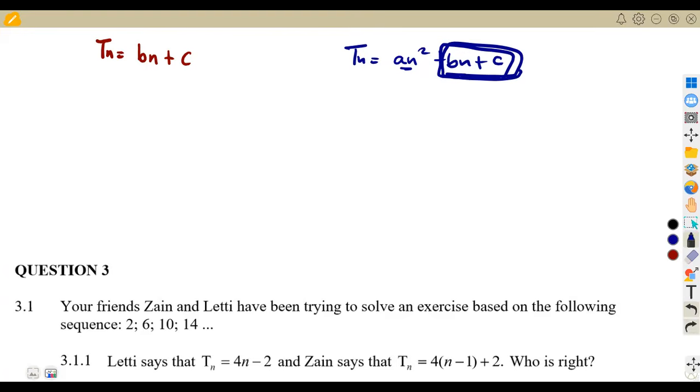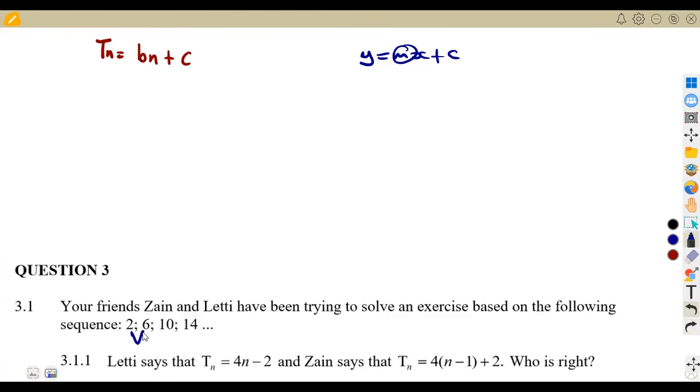So I told you that if you have this in this format, the b that you see here is a special part. Just like from our linear equation, the equation of a straight line, y is equal to mx plus c, this m represents the gradient. It is the same thing as this b here. It represents the gradient, that is the common difference that you have.